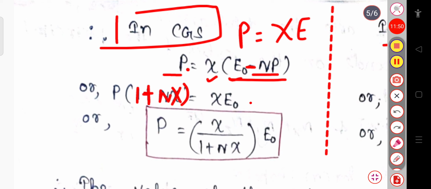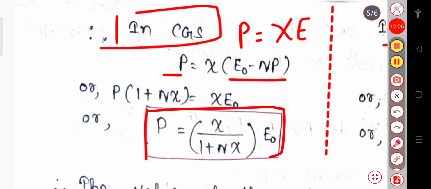So P will be equal to chi divided by 1 plus N chi, whole into E naught. This is the relation between the polarization and the applied electric field in CGS system.